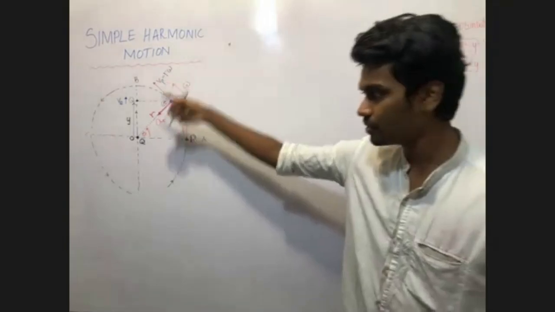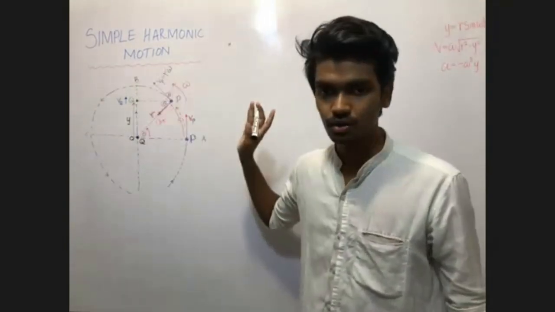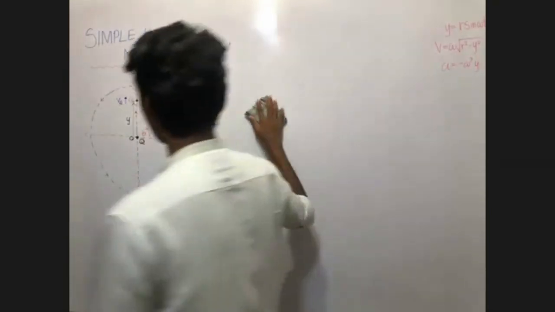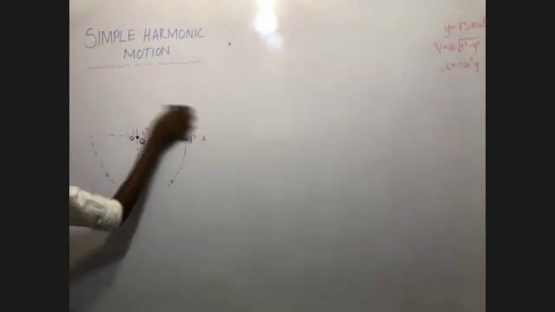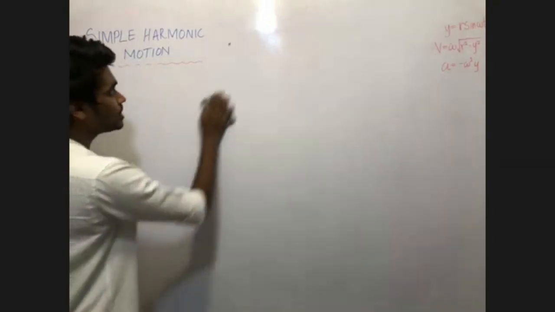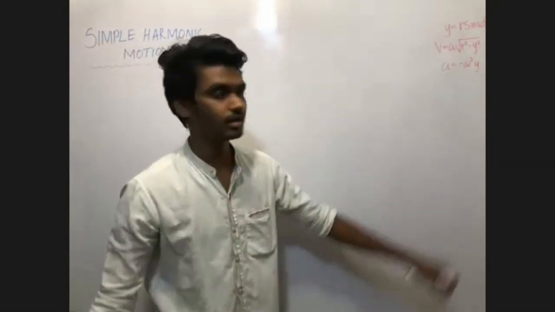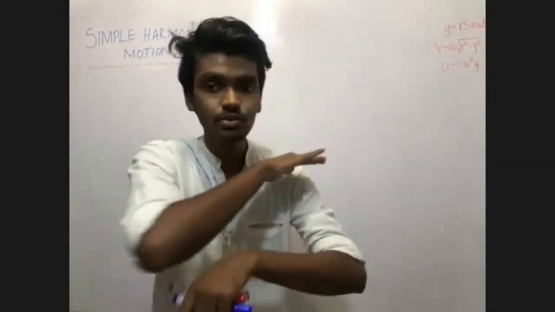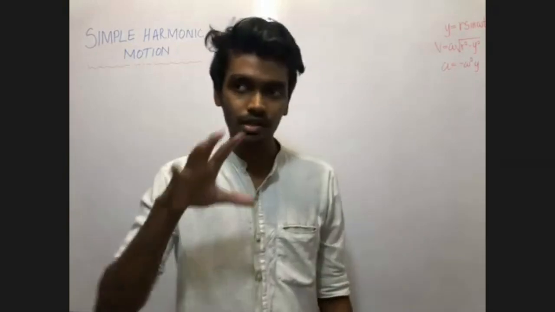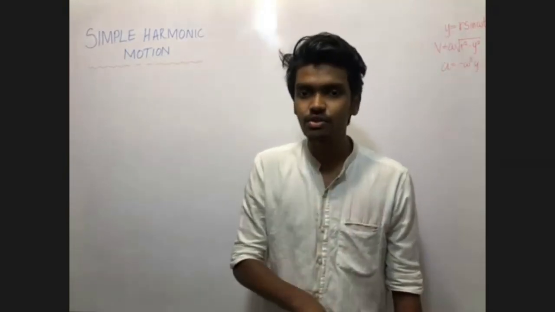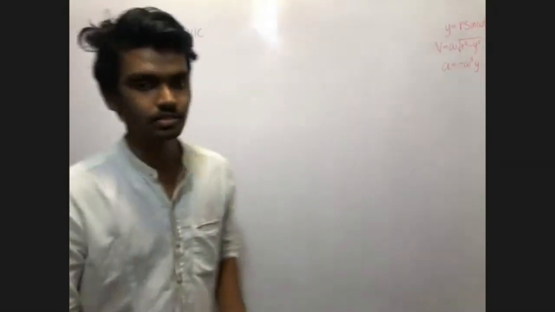We know this is a simple harmonic motion. So these derivations are done, so you do not have to worry about the circular motions anymore. If you know these three equations, you can solve any sort of questions which you come across in oscillations.